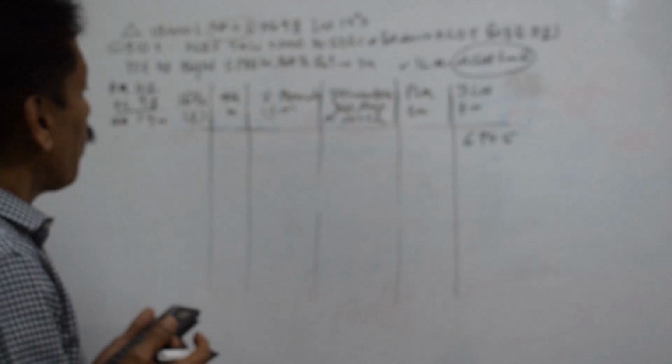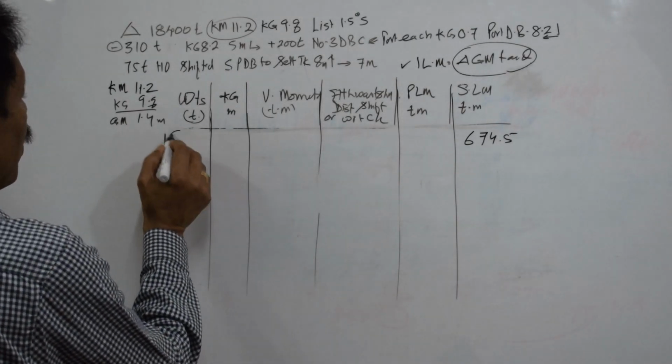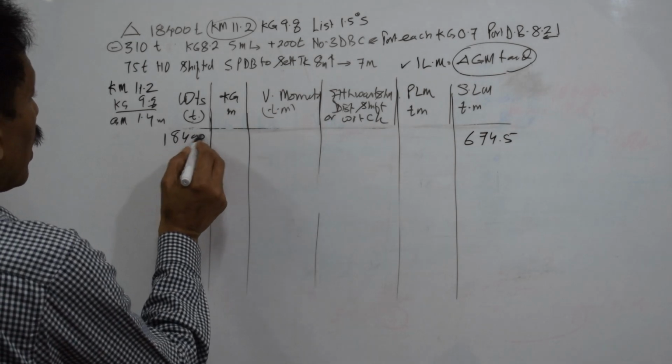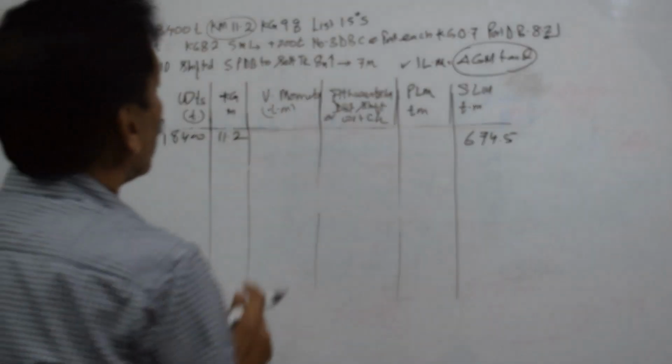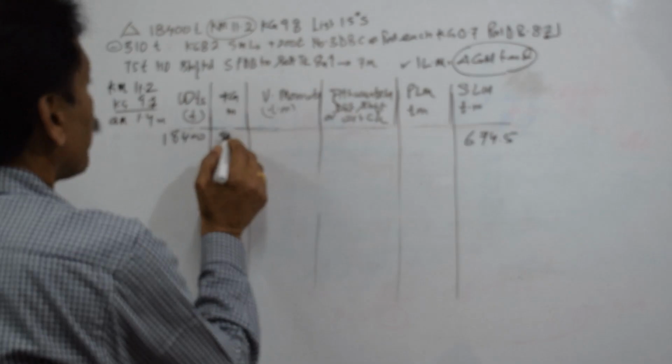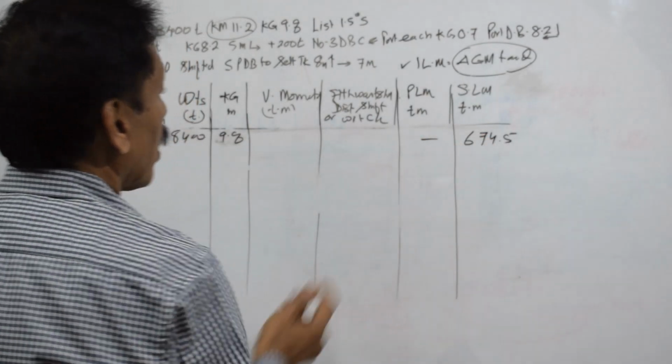So we start now. The displacement of the ship 18,400 tons, KG is 9.8 meters, and there is no port listing moment.